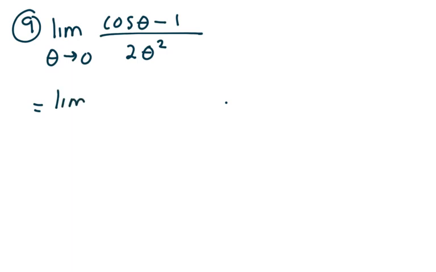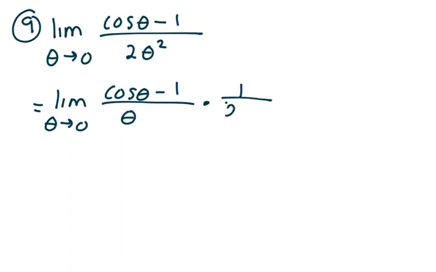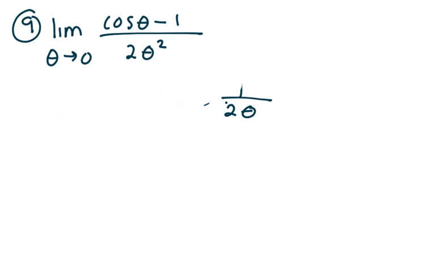And so this is the limit as theta goes to 0 of cosine theta minus 1 divided by theta times 1 over 2 theta. All right, I found a better way to do this. So I thought of a better way. So we're going to do this.